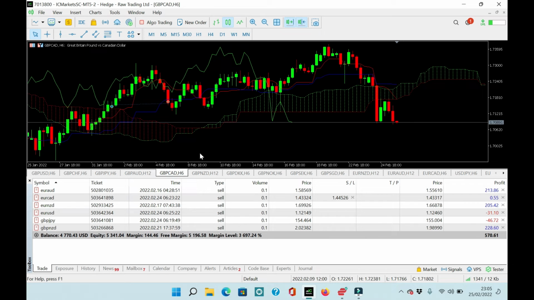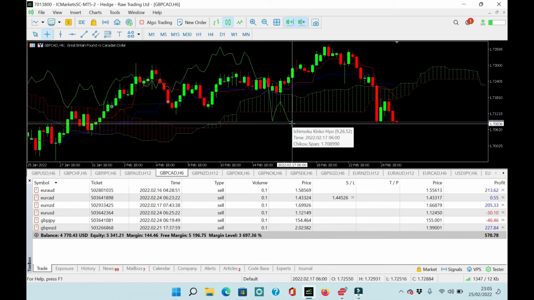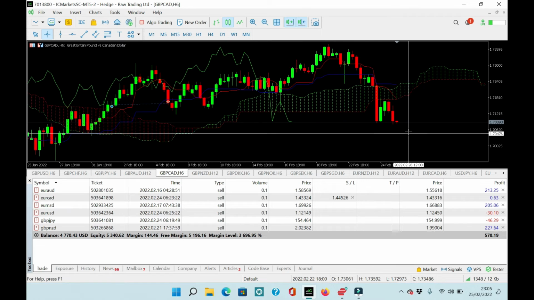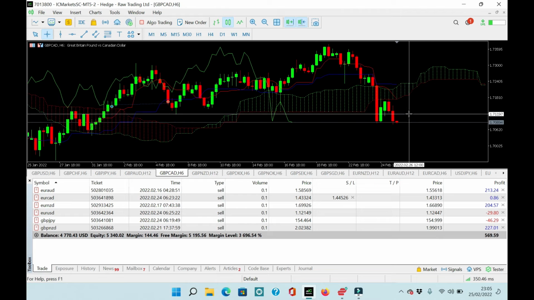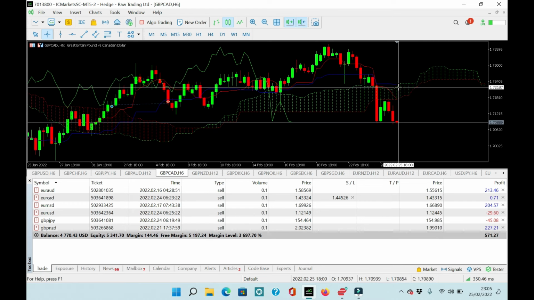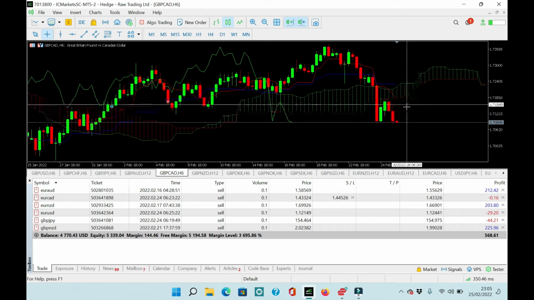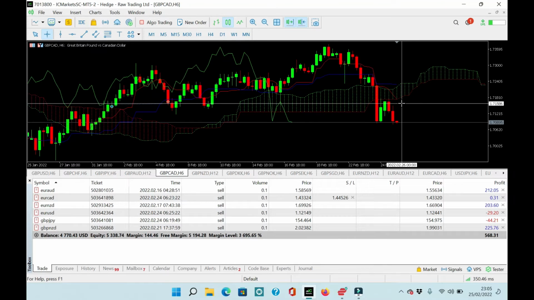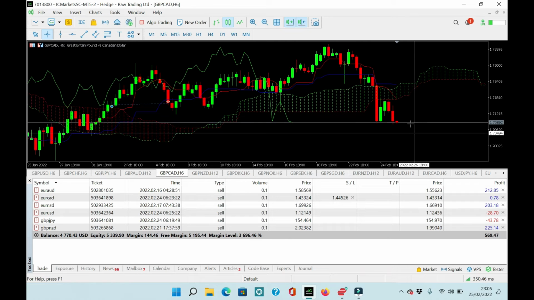This looks promising, as you can see. The Chikou span is outside, in outer space, and the green candle is outside the Kumo cloud, and we're just waiting for the Tenkan-sen and Kijun-sen to go in this direction, going down.